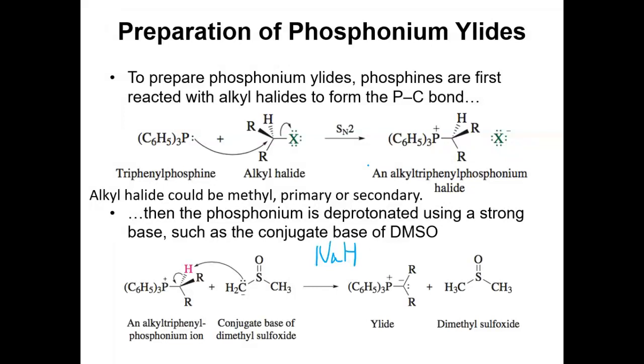inorganic base, because sodium hydride you can consider as consisting of a sodium cation and a hydride anion. And the hydride anion is extremely basic, because the hydride anion is the conjugate base of hydrogen gas. If you ask yourself, its acidity should be exceedingly weak, because it only has an H-H bond.